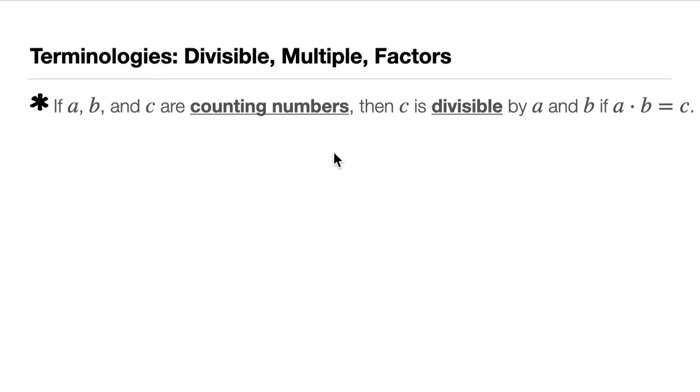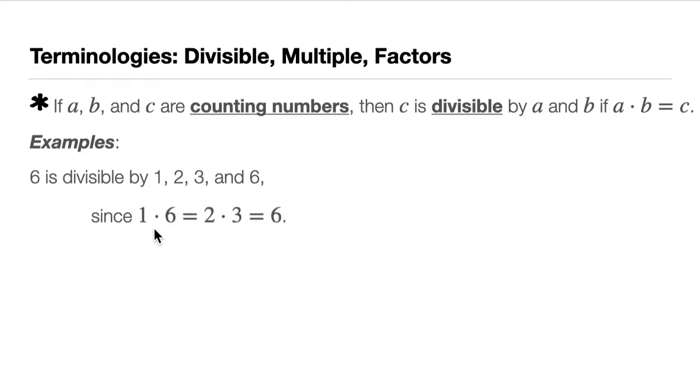Here are examples before I thoroughly explain. We say 6 is divisible by 1, 2, 3, and 6 because 1 times 6 is equal to 6, and 2 times 3 is equal to 6.